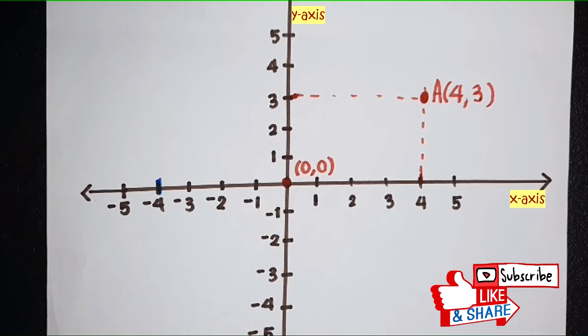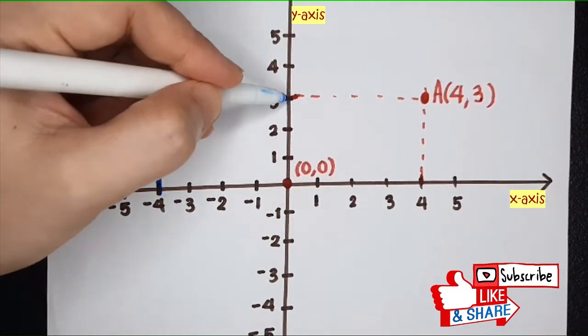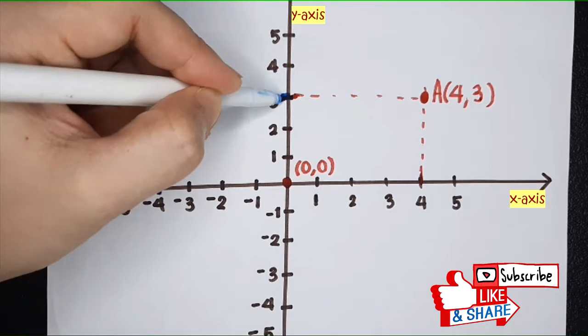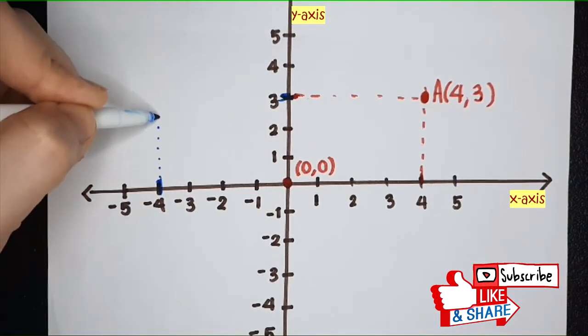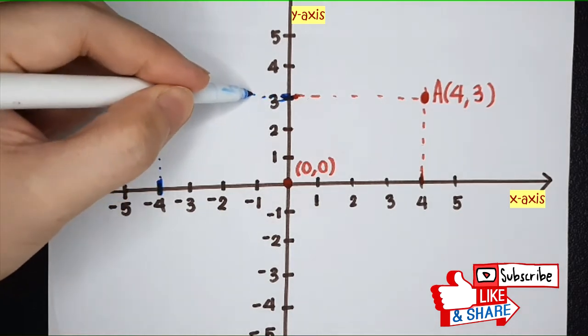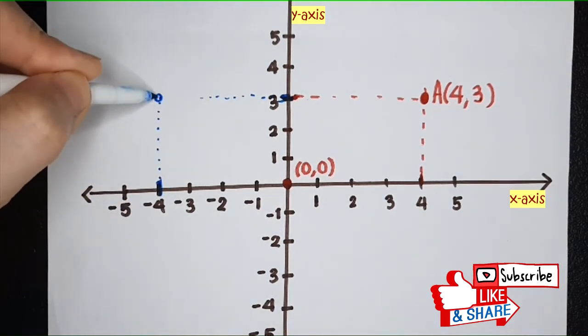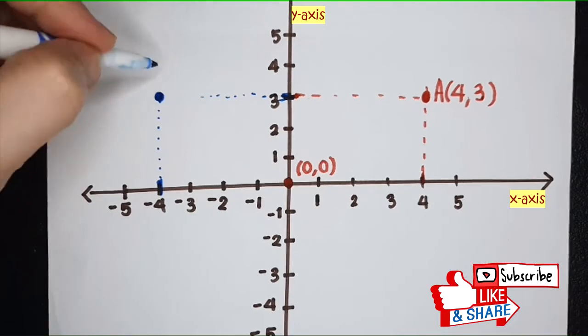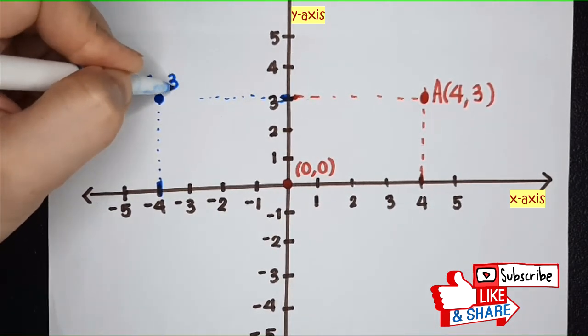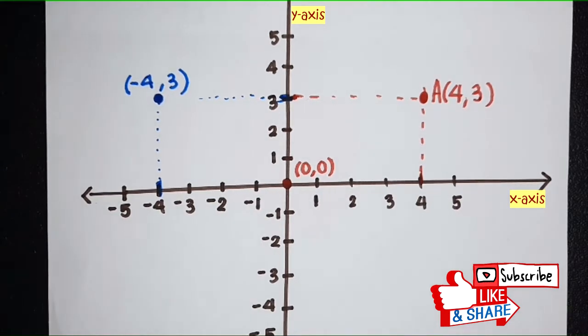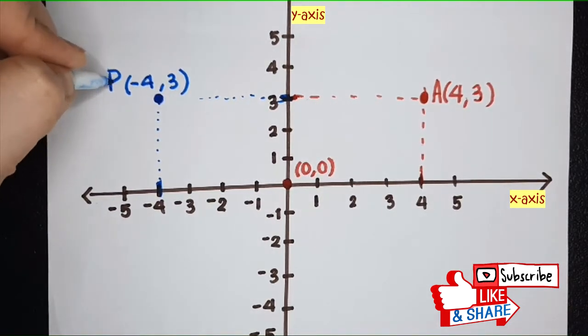So 3 naman sa y-axis. So dito. So where is that point? Here. This is the point -4, 3. Let's name this as point B.